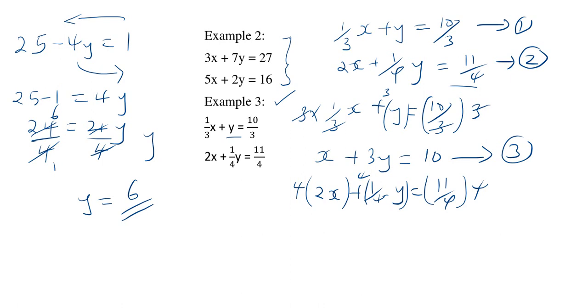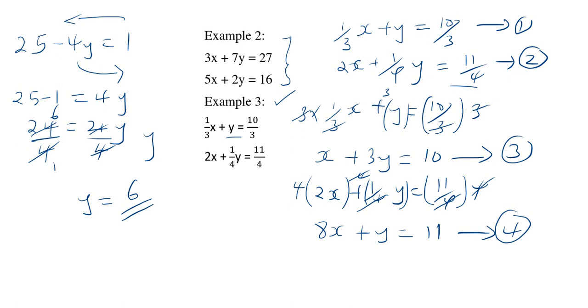This 4 goes with this 4. And this one goes with this one. We shall remain with 8x plus y is equals to 11. And we can say this is equation 4.